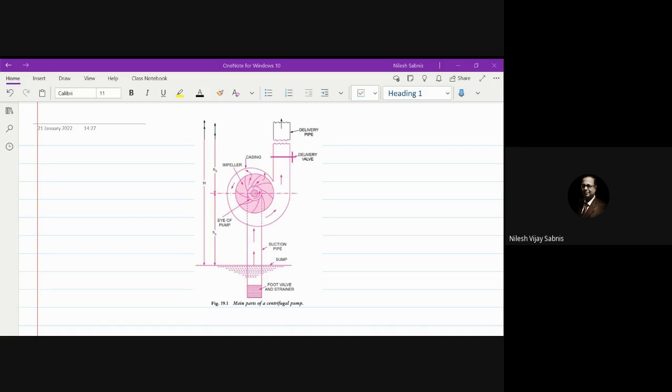One end of that bucket is open, other end is closed, as we know, and we started rotating that bucket. What will happen? Centrifugal force will act on the water inside the bucket, so that water will not come out of the bucket.